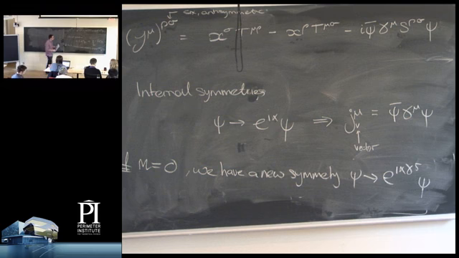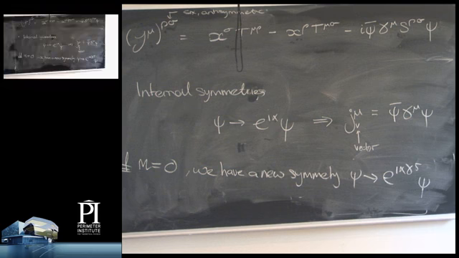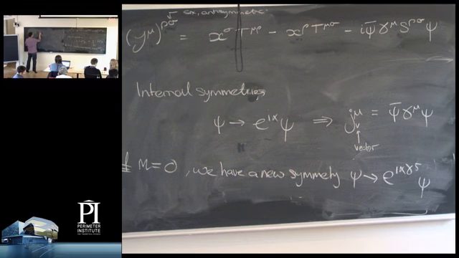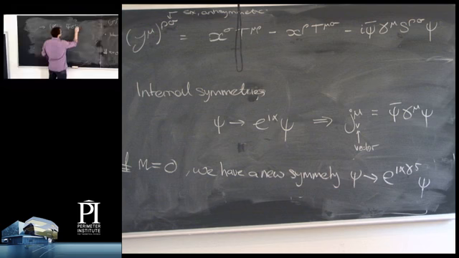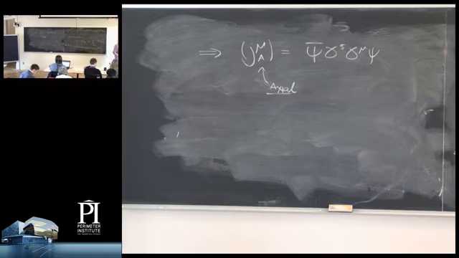Okay, so we get a new symmetry where you just put a gamma 5 in here. Again, this is only a symmetry, only a conserved current for massless fermions, not for massive fermions.